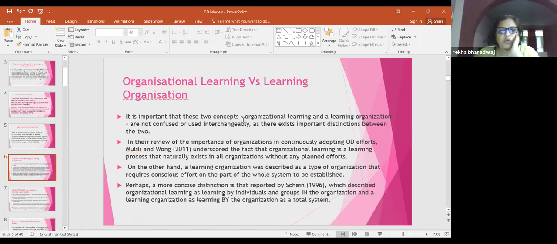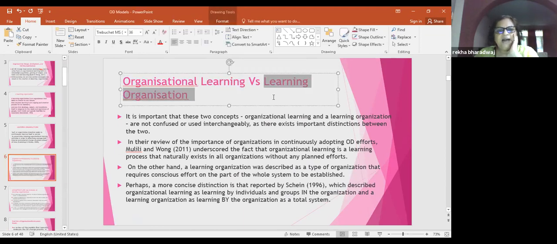So it is important that these two concepts are understood: organization learning versus a learning organization. Now, in all organizations, learning happens whether or not it is planned learning. If you fail at something, you learn. If you succeed at something, you learn. But these learnings do not happen because you consciously wanted to create learning.